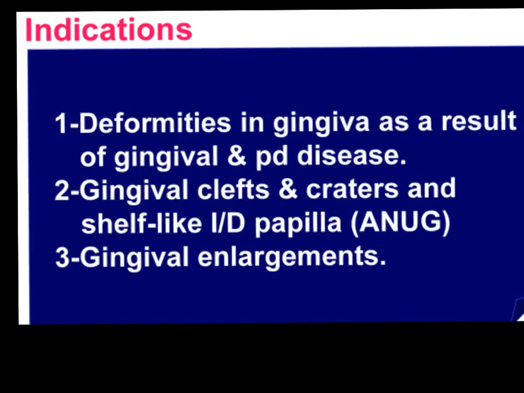Indications of gingivoplasty: the presence of any deformities in gingiva as a result of gingival and periodontal disease, gingival clefts and craters and shelf-like papillae, like in case of acute necrotizing ulcerative gingivitis or in case of gingival enlargements.